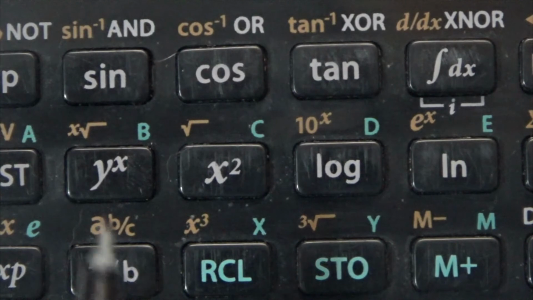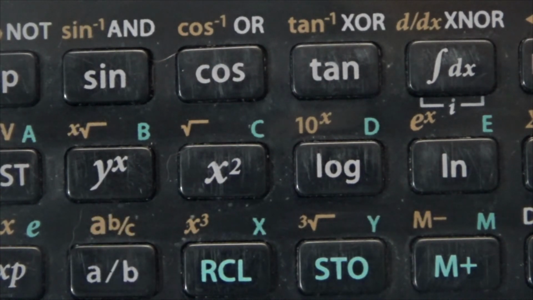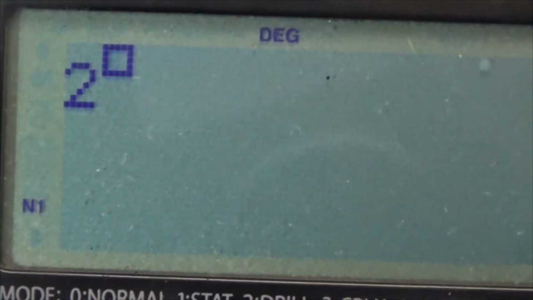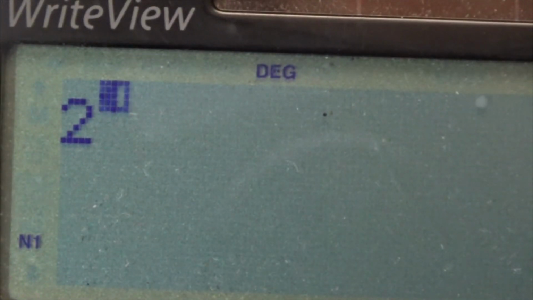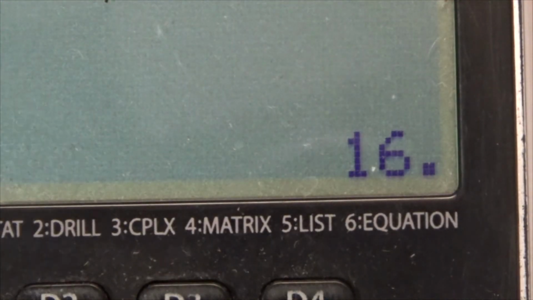So this button right here, I can raise any base to any power. So what we have here is 2, so I will hit 2 first. And then I hit this button, and I'm raising it to the fourth power, so I hit 4, and then hit equals, and right there, 16. 2 raised to the fourth power is 16, so therefore m is 16.